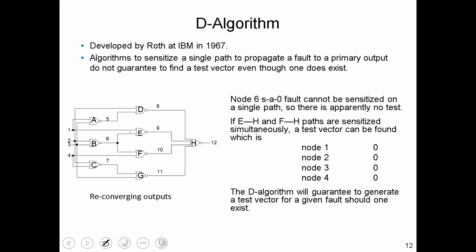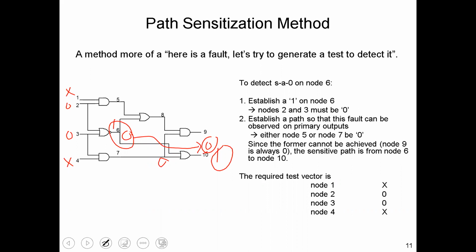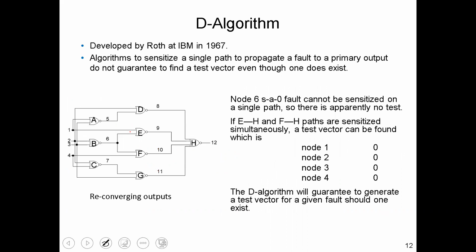But this path sensitization method does not guarantee to find an input test vector, even if a test vector exists. This algorithm sensitizes a single path to propagate a fault to the primary output. It does not guarantee to find a test vector, even if one does exist.